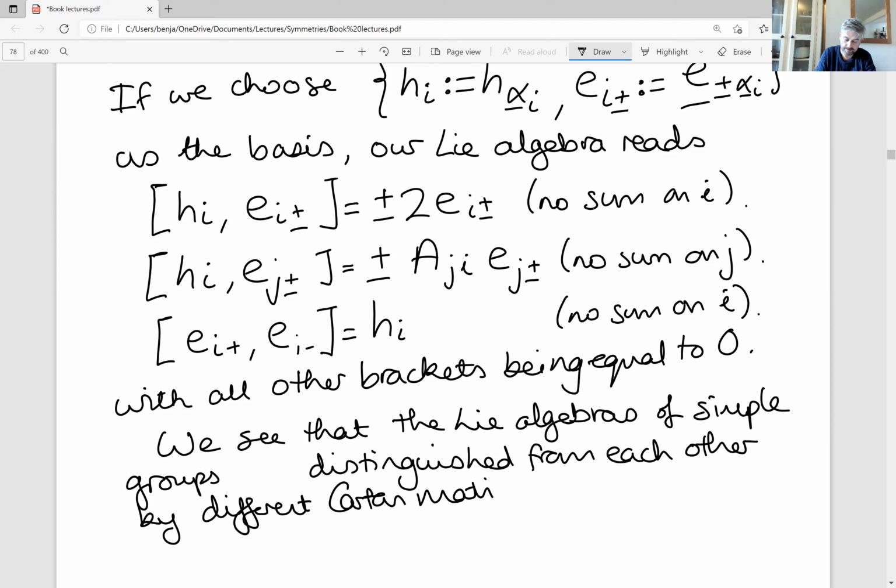Okay, so we're now going to go through a classification of the groups, or the Lie algebras corresponding to the groups.